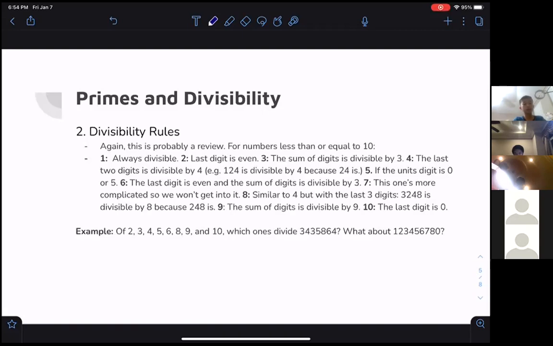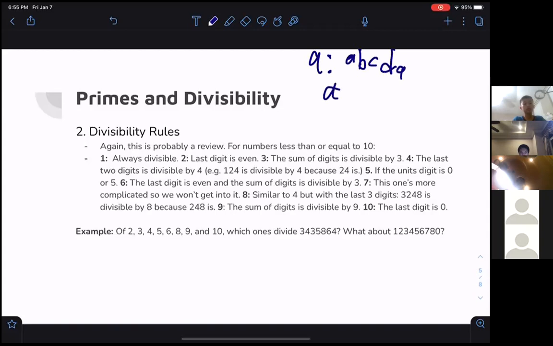Okay, so now before we do the example, I want to show you how you prove some of these divisibility rules. Let's do some modular arithmetic. Let's say your number is ABCD in base 9.